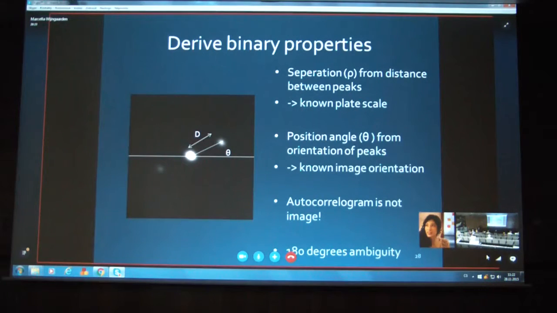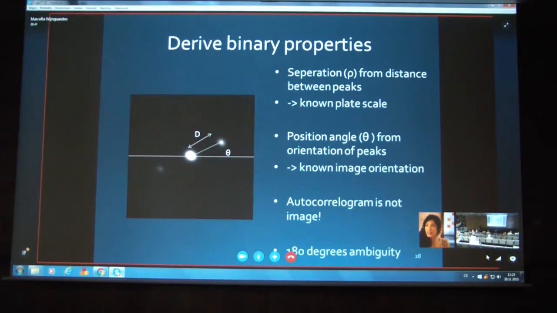And I would just like to emphasize here that this autocorrelogram is not an image of the two stars, since for that we need information about the phase as well, and we disregarded that in the methods earlier. But there are also slightly more complicated methods to retrieve the phase, and we will see examples of that later on.